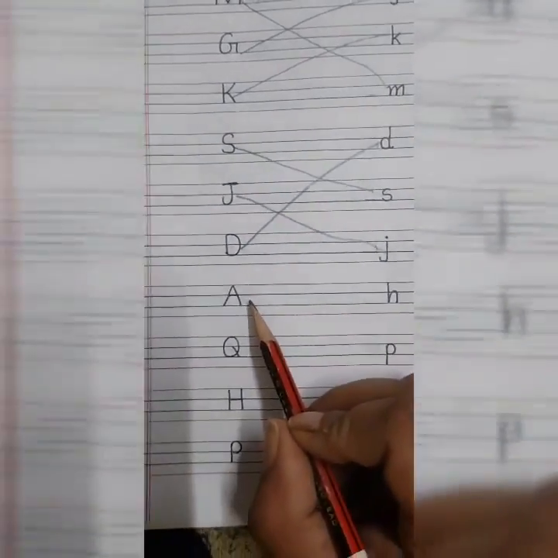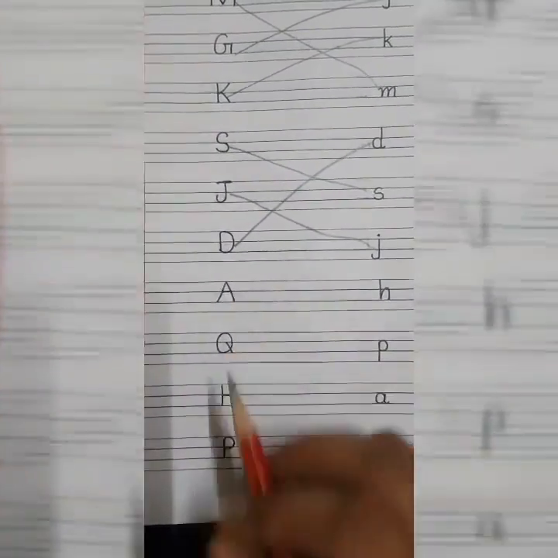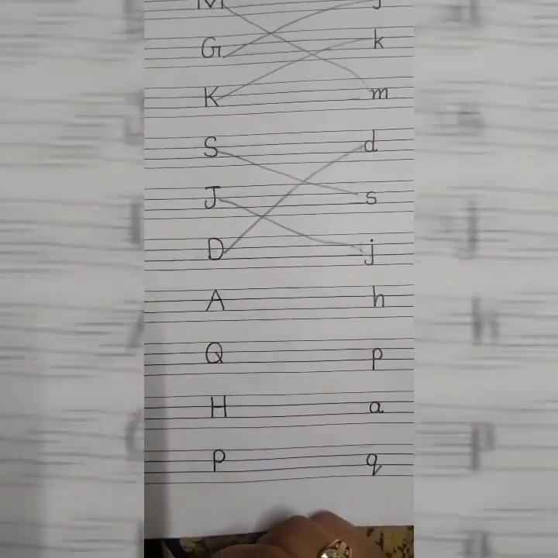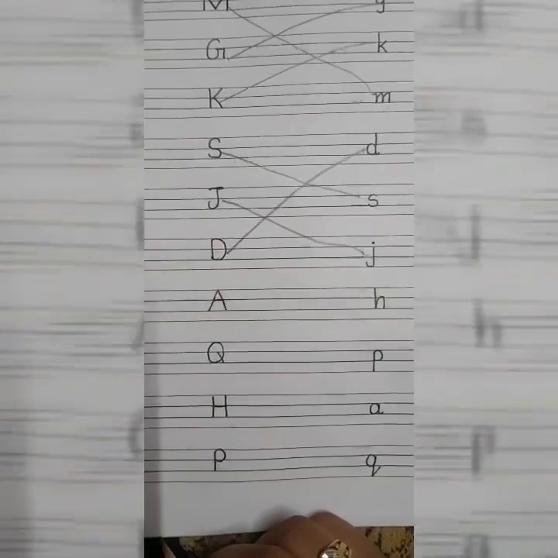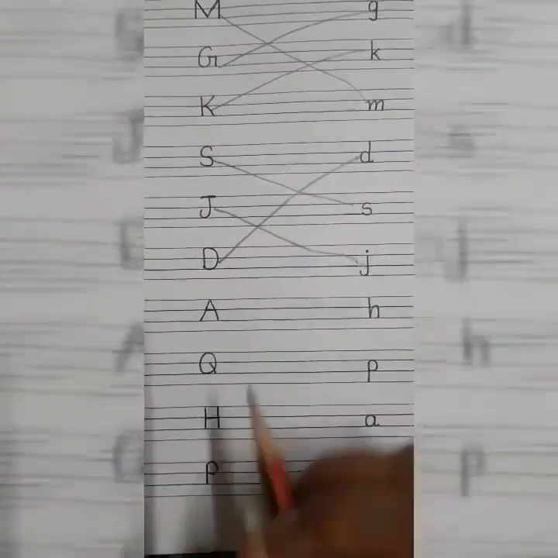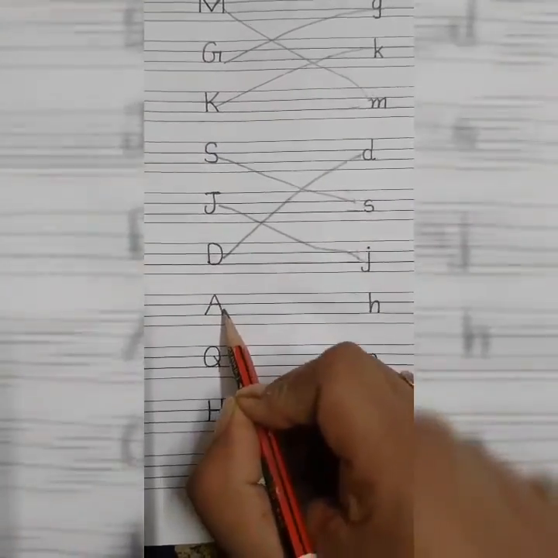Now Arav will tell me which letter is this. This is, yes, letter A. And Arav's word also starts with letter A. है ना? Okay, so what we will do?